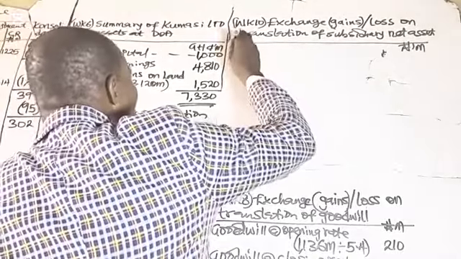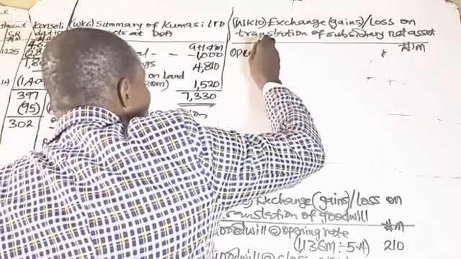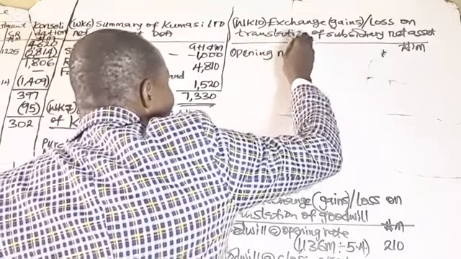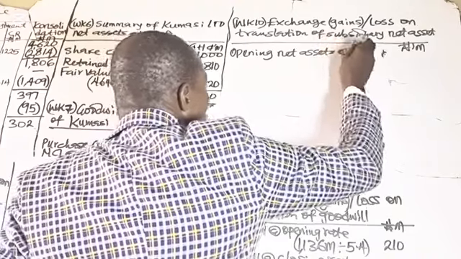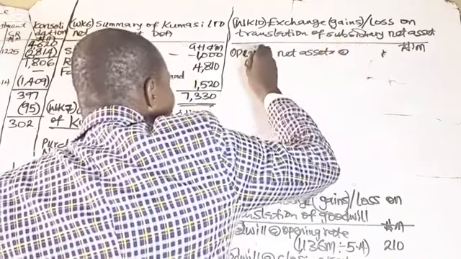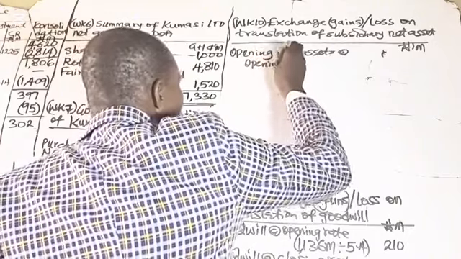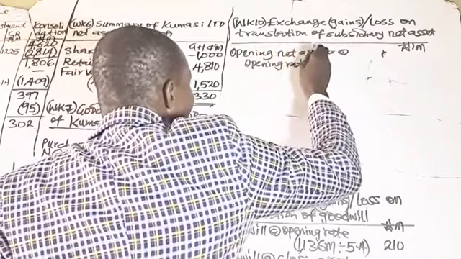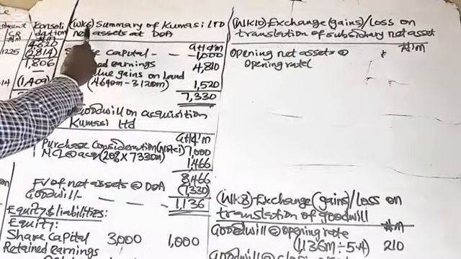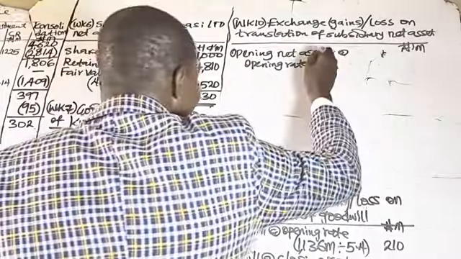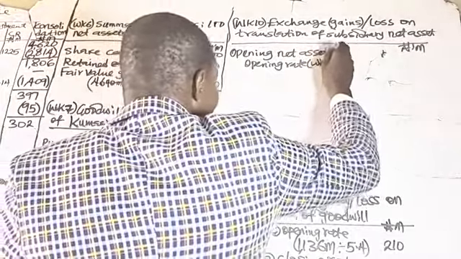So you start with opening net assets at opening rate. And the opening net asset was obtained from working number 6, from the summary of subsidiary net assets.